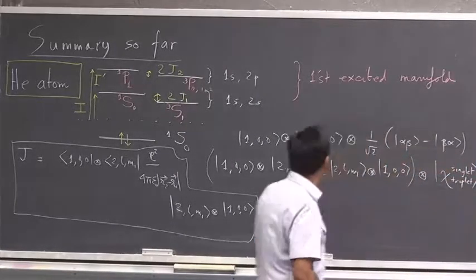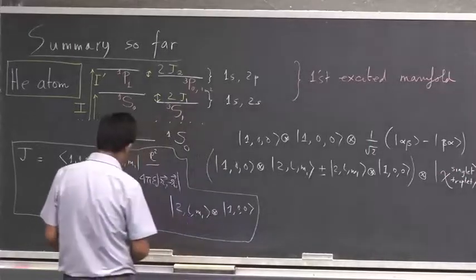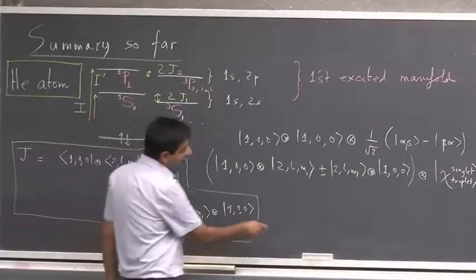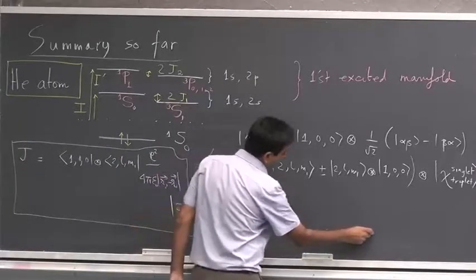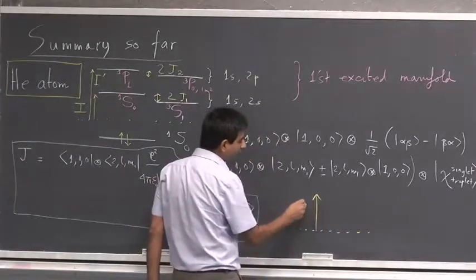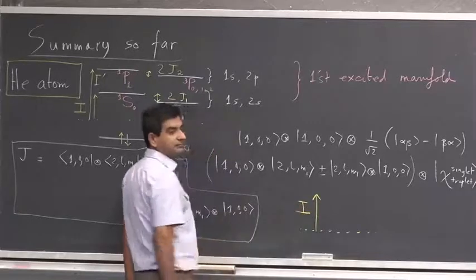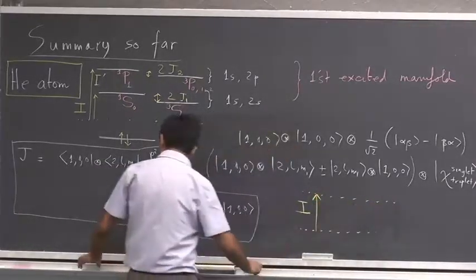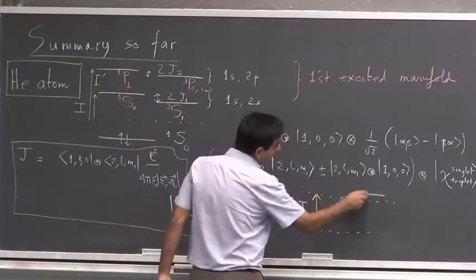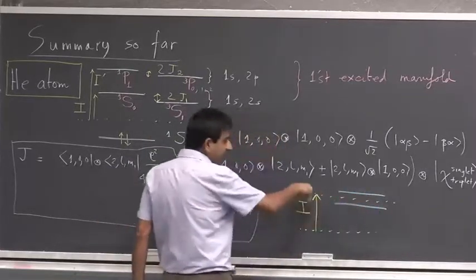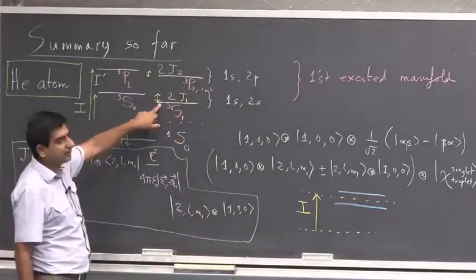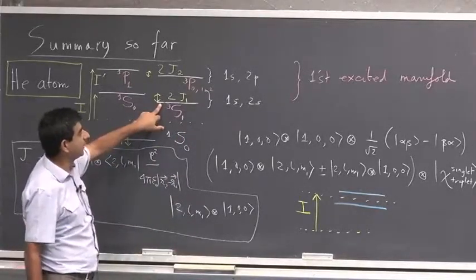Now we also learned that if we zoom in onto this manifold, for example, we have some zeroth order energy. On top of this we have a Coulombic term, I, and disposed about this I level are the singlet and the triplet states, and the triplet is lower in energy.